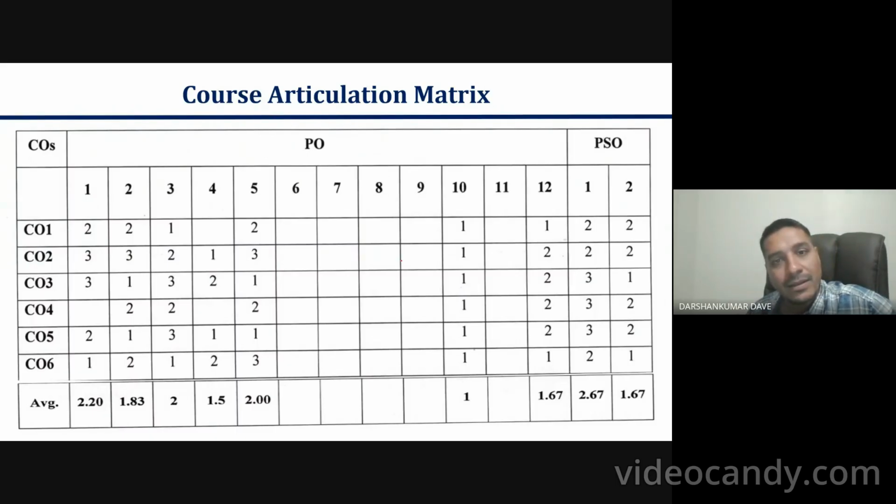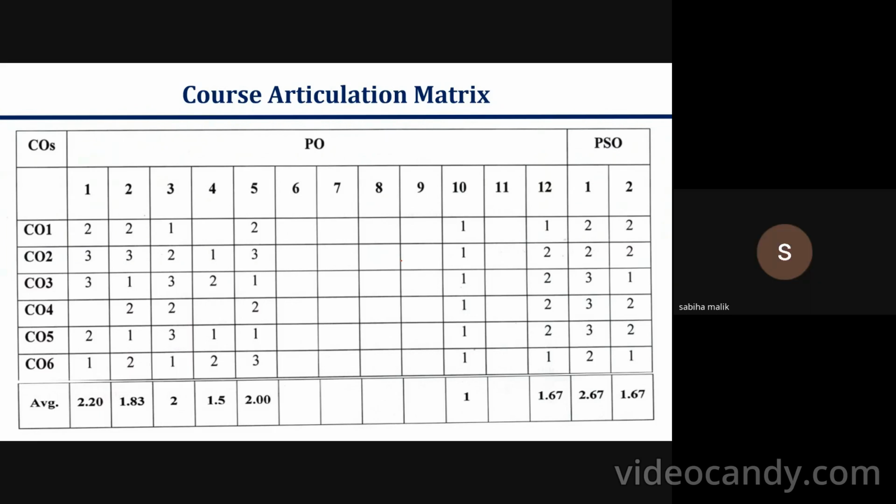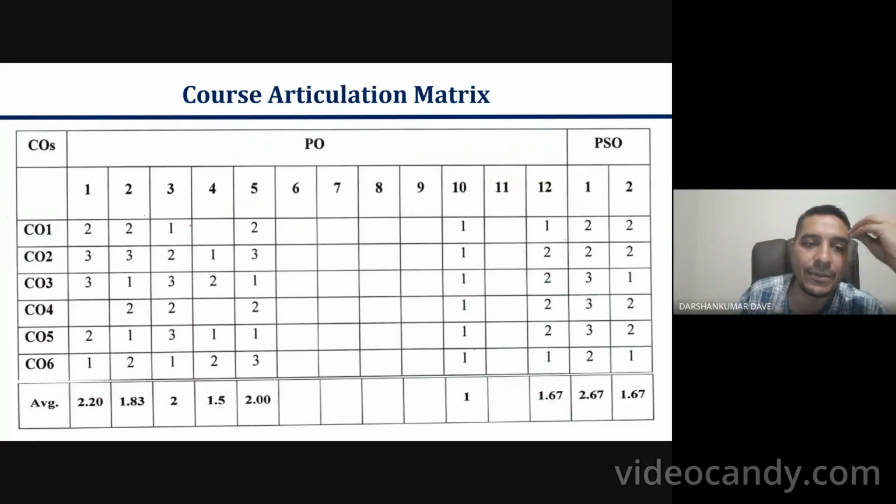Is this clear? No, sir. So this is the standard average. Let me tell you that this is the standard average. 1 plus 2 plus 1 plus 2 is 6, divided by the number of observations, that is 1, 2, 3, and 4. 6 by 4 is 1.5.